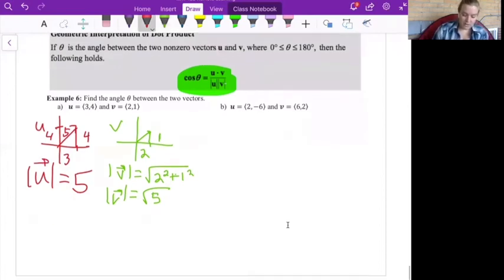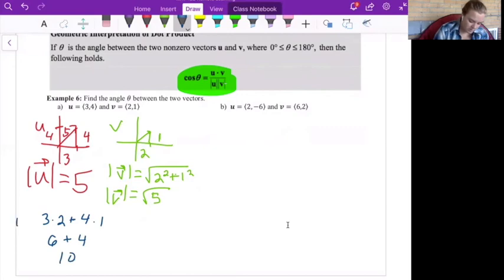Now we just need the dot product. And so this would be 3 times 2 plus 4 times 1. So 6 plus 4, 10.